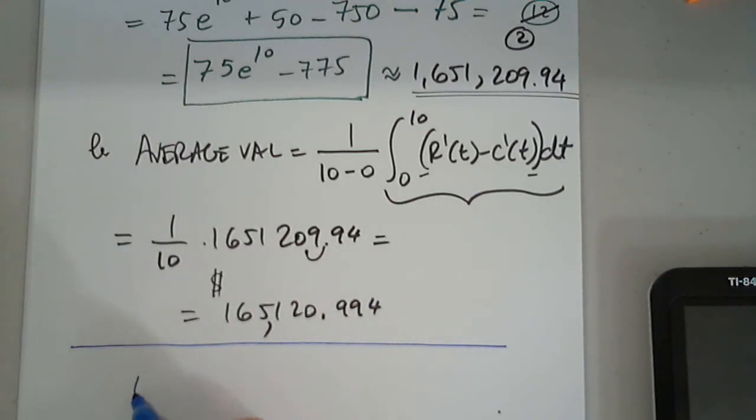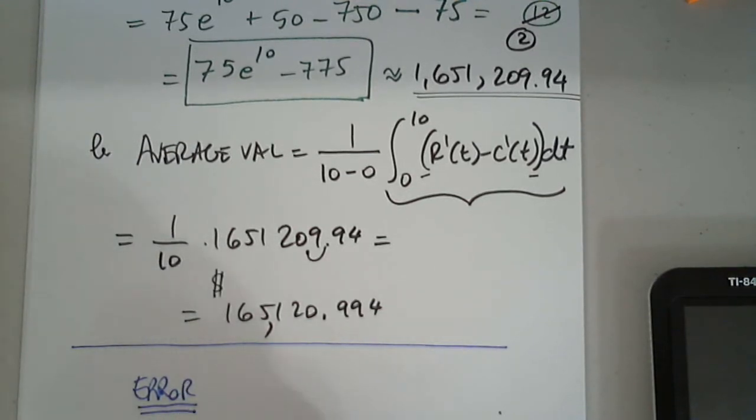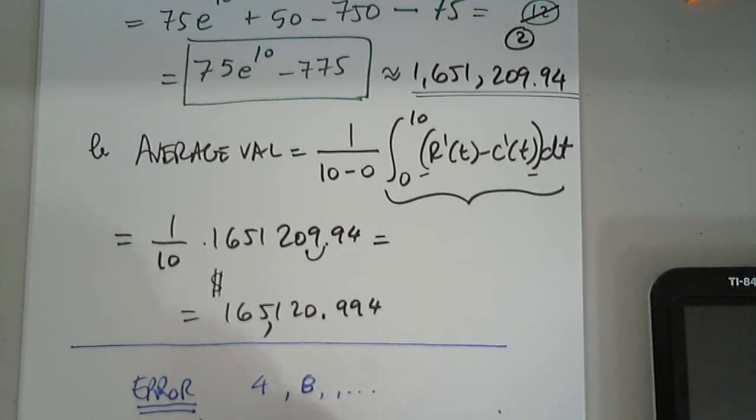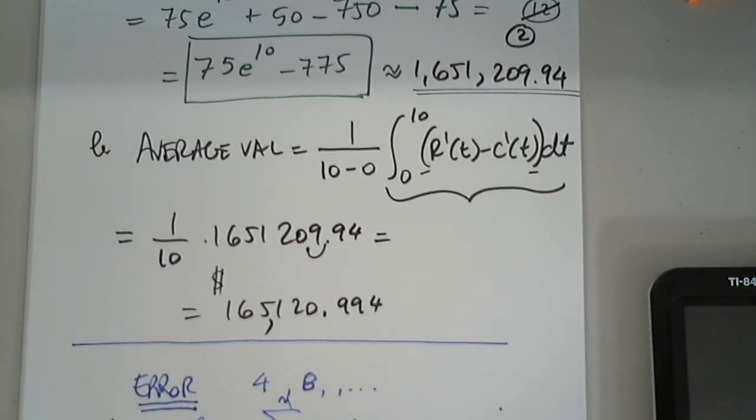So, yes, you can determine the error that you make approximating with 4 subintervals, or with, I don't know, 8 subintervals, etc., instead of finding the limit as n approaches infinity of the sum from i equals 1 through n of delta x f of x i, which is exact, right? So if you use the limit as n approaches infinity of the Riemann sum, this will always be exact.